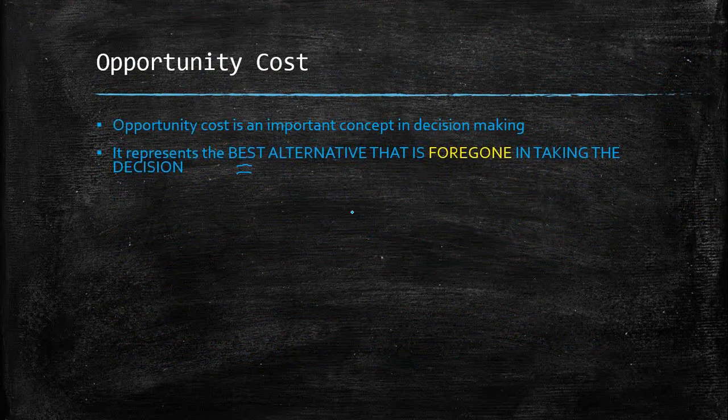So for example, let's look at this one. You have a raw material which has cost you $10. This raw material can be used to produce a product called A, or a product called B, or a product called C. This is a scarce raw material. You have only 100 units of it in your store. If you produce product A, you get a contribution of $8.